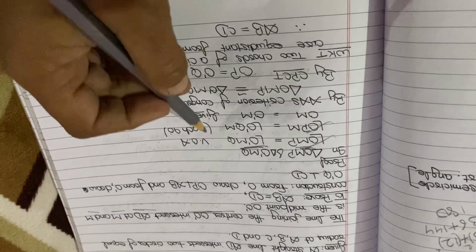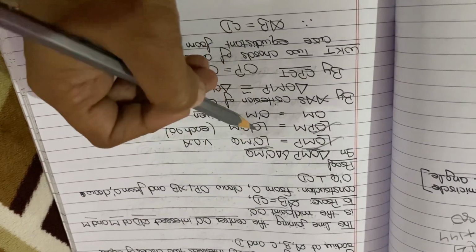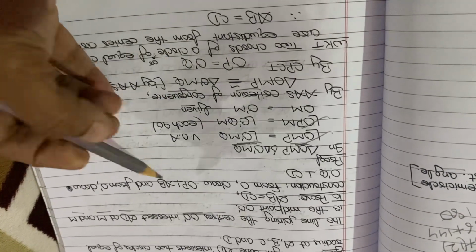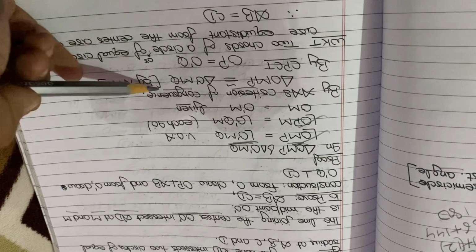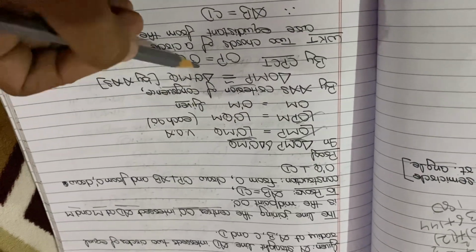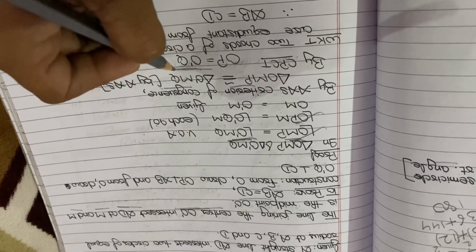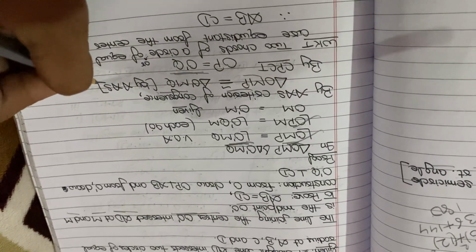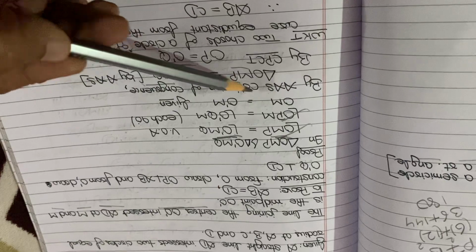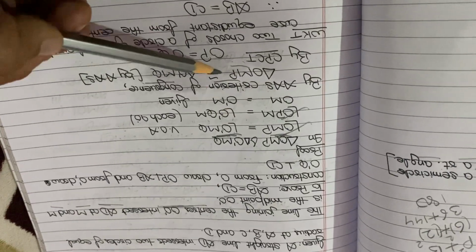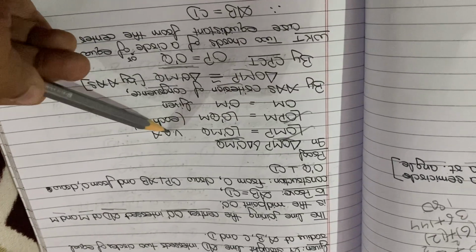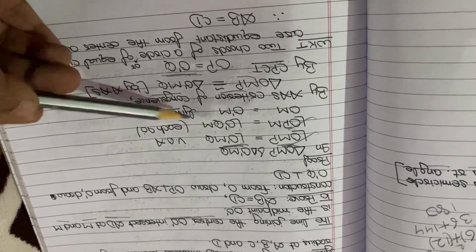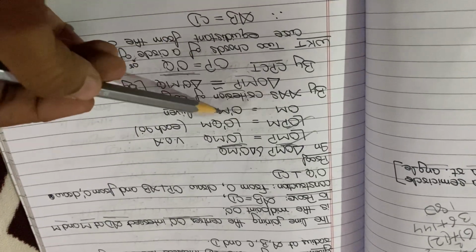So by the angle-angle-side criterion of congruency, both these triangles are congruent. Number one is vertically opposite angles, number two is each 90 degrees, and the sides are equal because M is the midpoint.